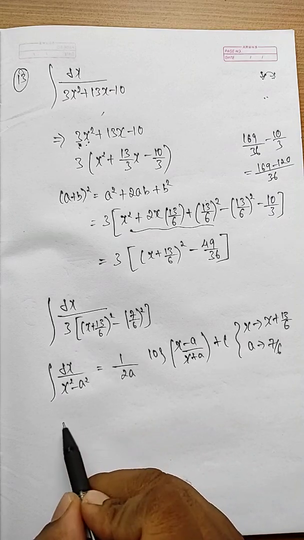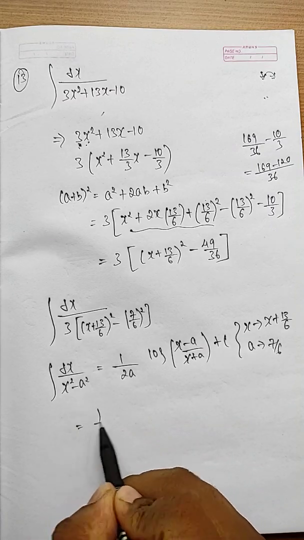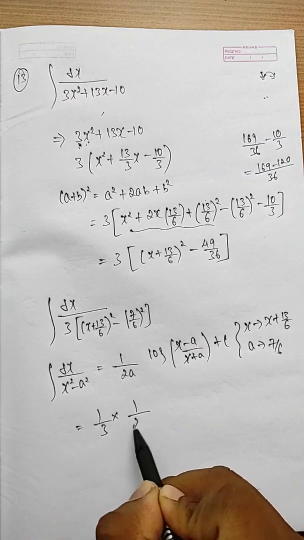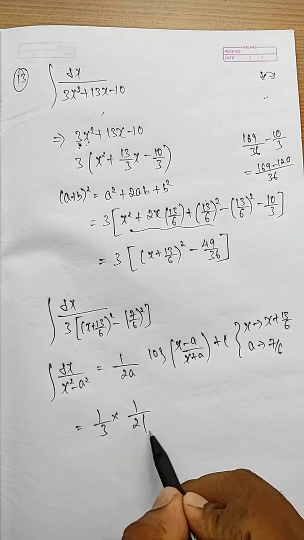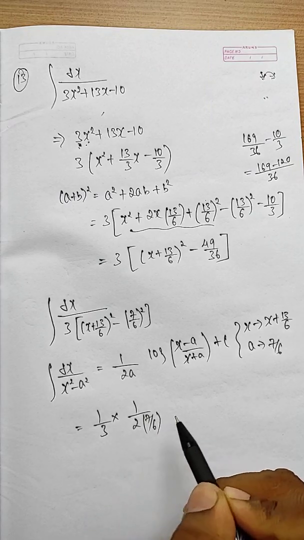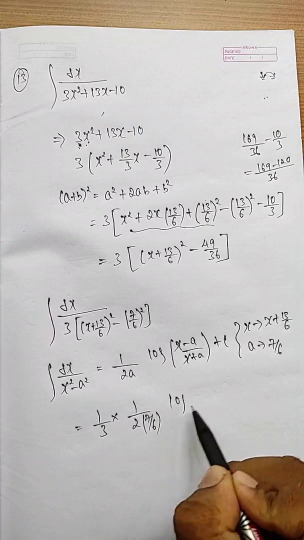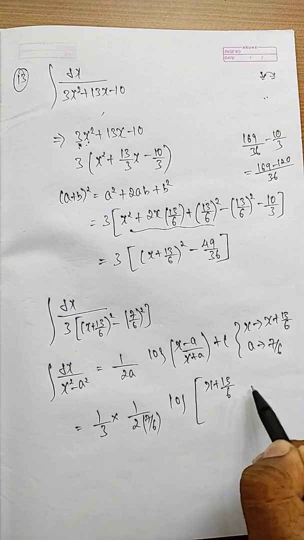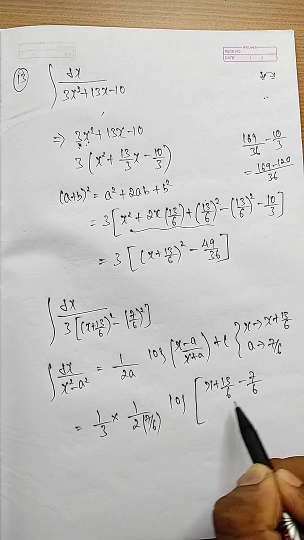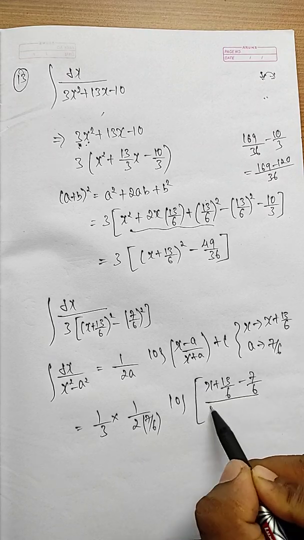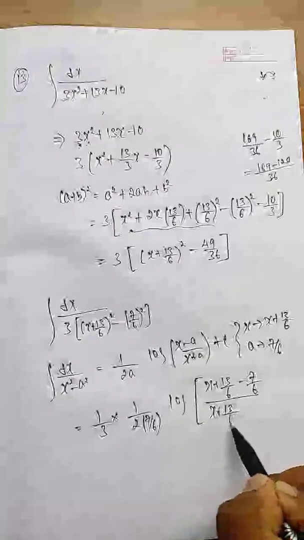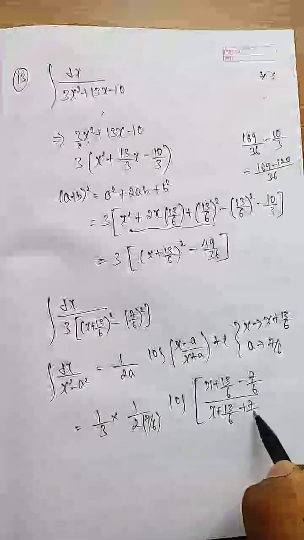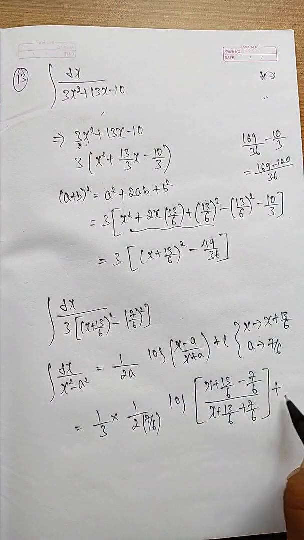So this is equal to 1 by 3 into 1 by 2 into a, which is 7 by 6, log of x, which is x plus 13 by 6 minus a, which is 7 by 6, over x plus 13 by 6 plus 7 by 6, plus c.